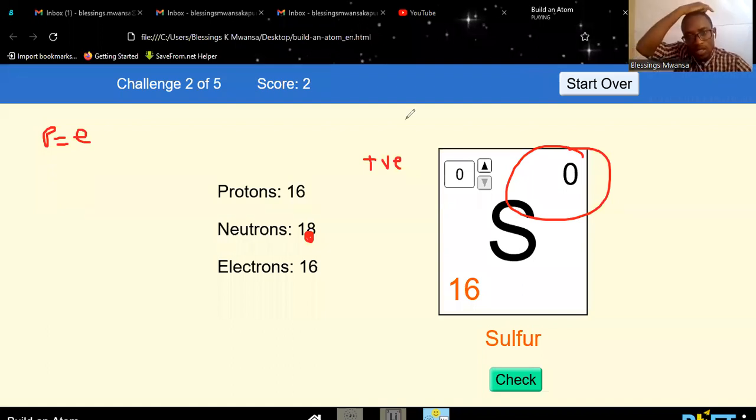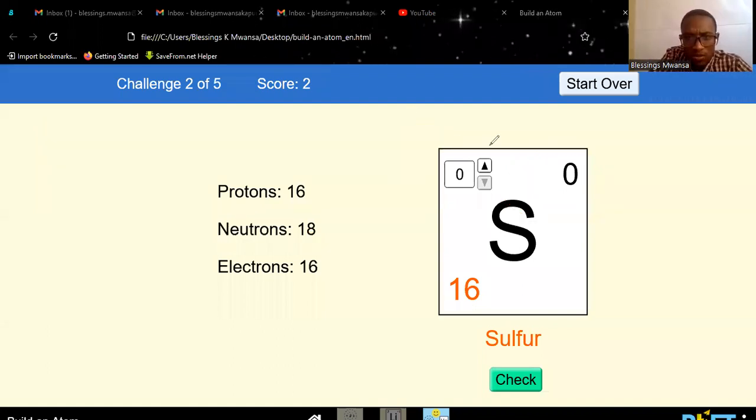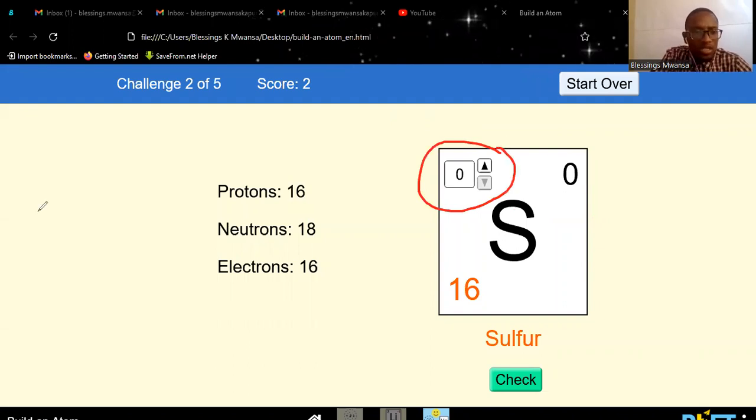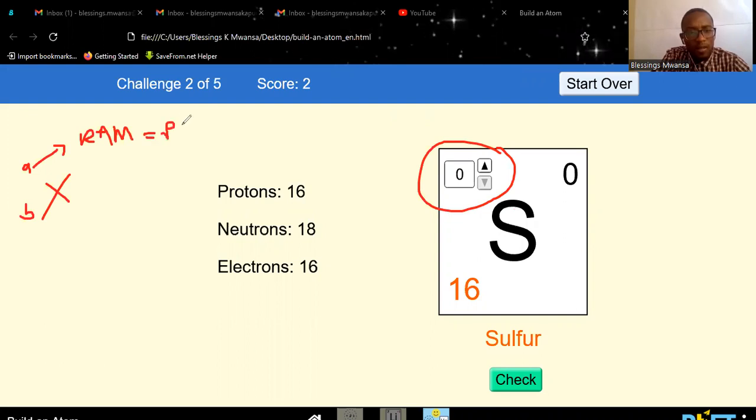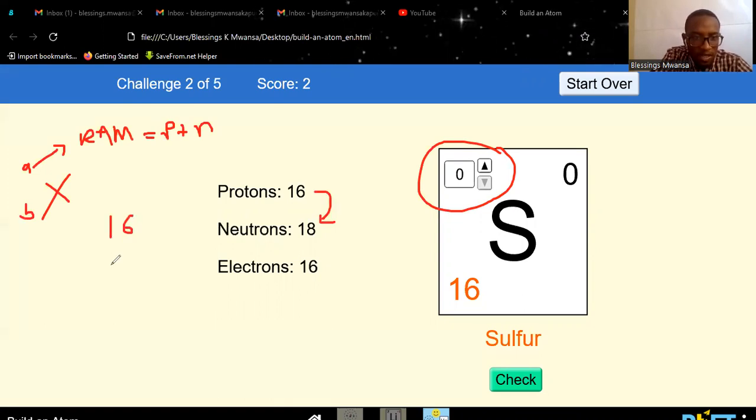Okay, so this question is asking us to find what is found there on the nuclide. When you go to the periodic table, you have A, you have B. So the A is known as the relative atomic mass, or the mass number, or the nuclear number. So how do we get this? This is given by P plus N. So you get the two, you add them. 16 plus 18.